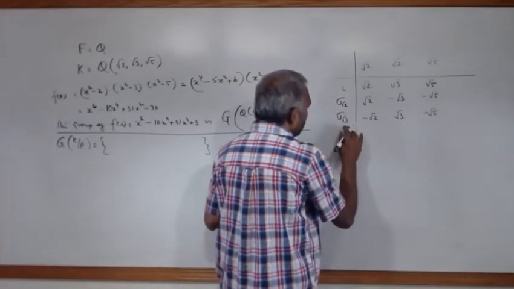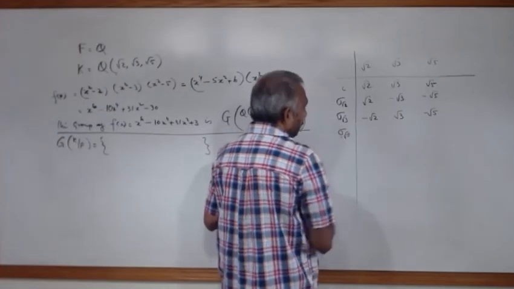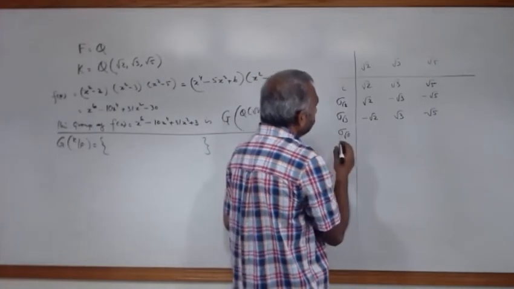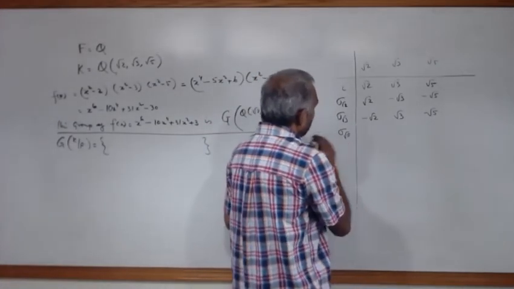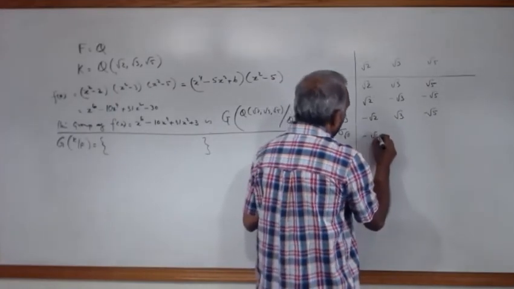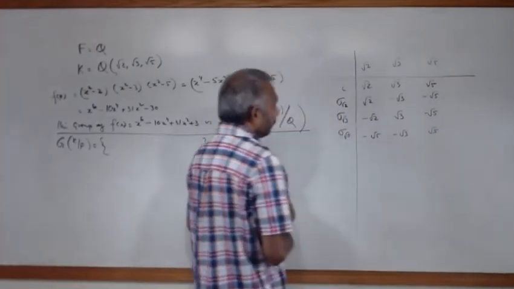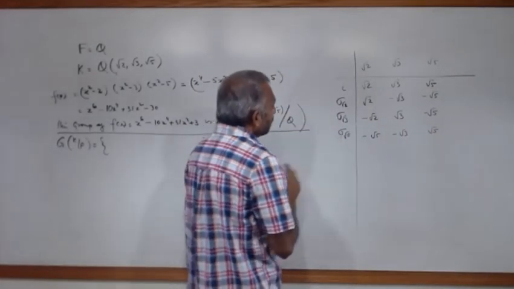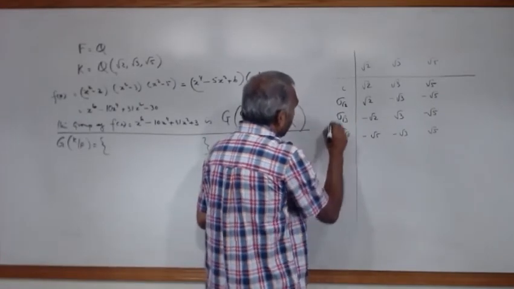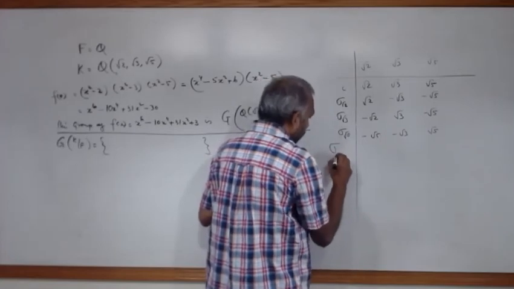And sigma root 5 is going to be minus root 5, minus root 3, root 5. And we have some more that fix root 2 and root 3, so we'll call it sigma root 2, root 3.